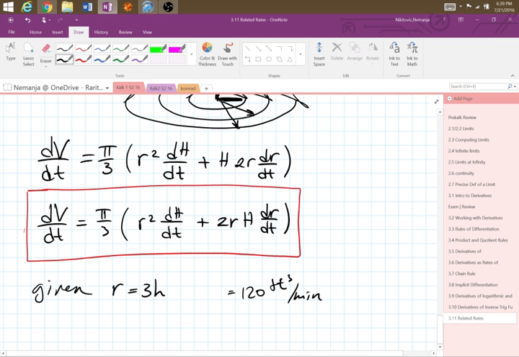So what would that be? dV/dt, very good. Why dV/dt? But how do you know that? You know that because of the units.